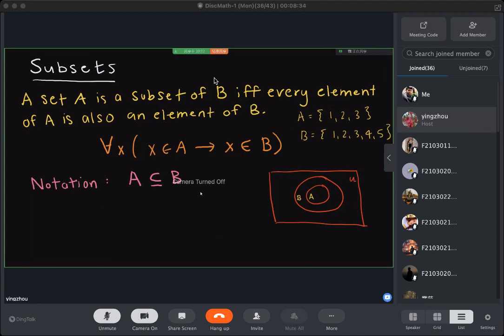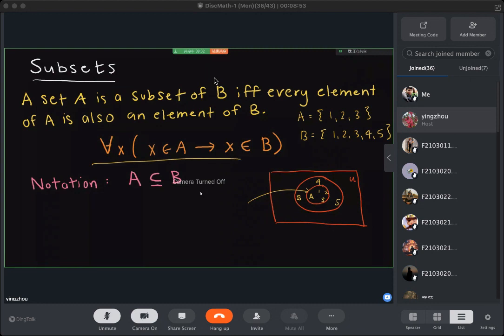So if I were putting these values on my pen, 1, 2, and 3 would all be in set A. 4 and 5 would be in set B, but notice that everything in set A is also contained in set B. So this would be a subset.